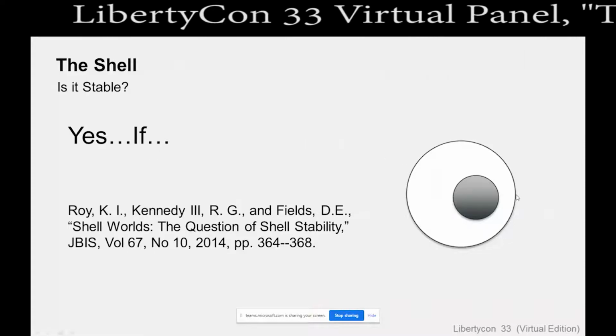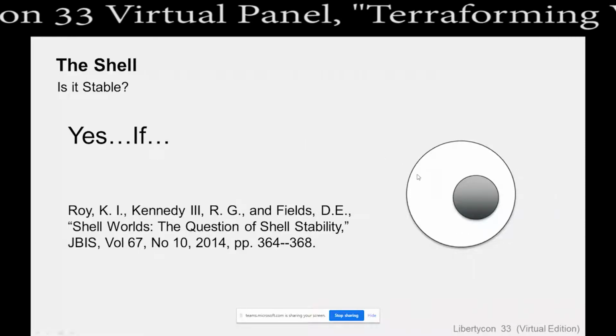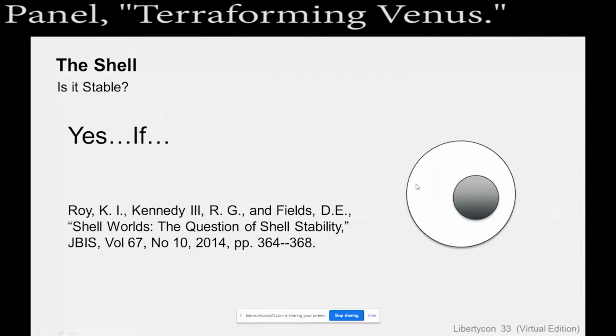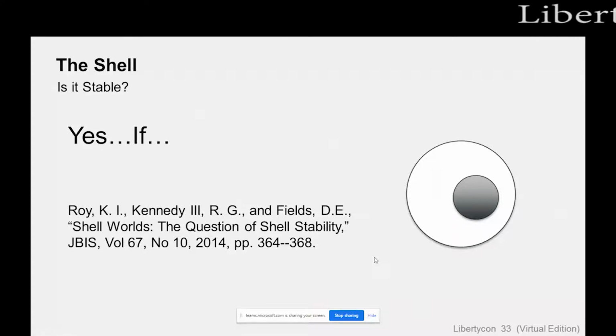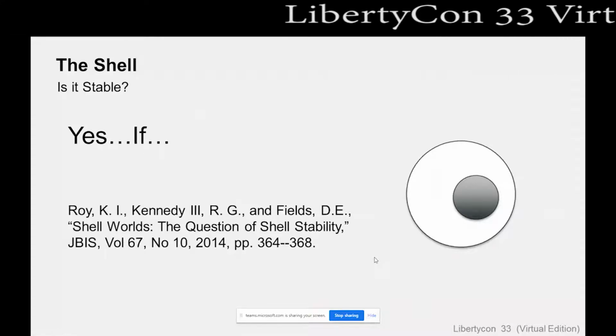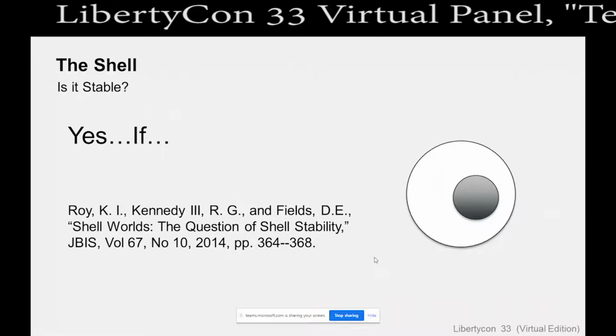The pressure will push this side of the shell away, and this part of the shell will see a reduced pressure, and it will be pulled back to a central position. So yes, the shell will be stable even if it doesn't have columns or cables connecting it to the planet, as long as you can maintain the appropriate pressure.